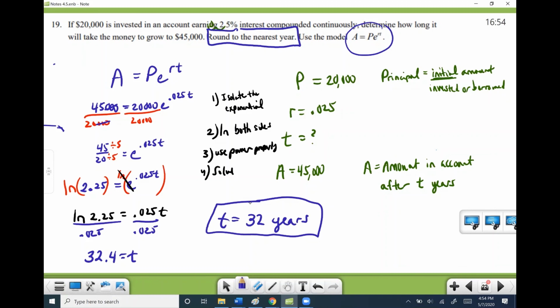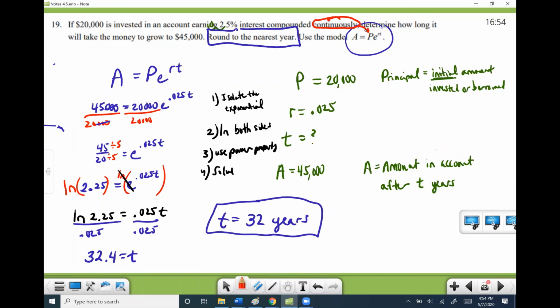They told us to use the model A equals Pe to the rt, but what word in the directions actually let you know that you needed to use that formula? Close, good guess, yeah. So continuously. That is the one that tells me I'm going to use the Pert one.